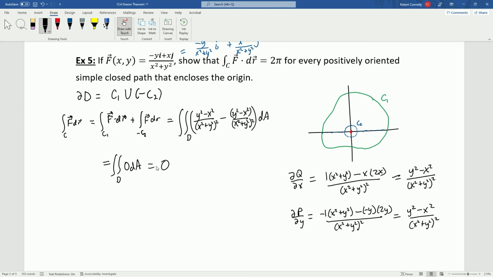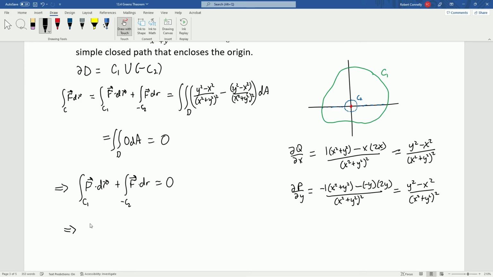But again, here we found this is the value of this integral here. So that tells us that the integral over C1 of F dot dr plus the integral over negative C2 of F dot dr equals 0.